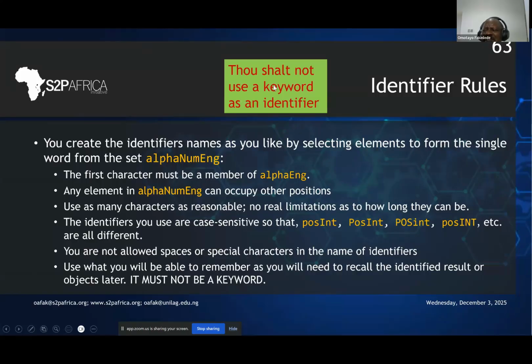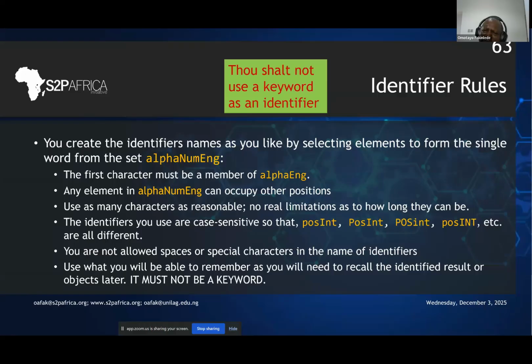There are certain things in Python that are called keywords, and they must not be used as identifiers. That's rule number one. You create identifier names as you like. Any name is accepted, except that you must start the name with an alphabetic character. After that, you can use alphanumerics.